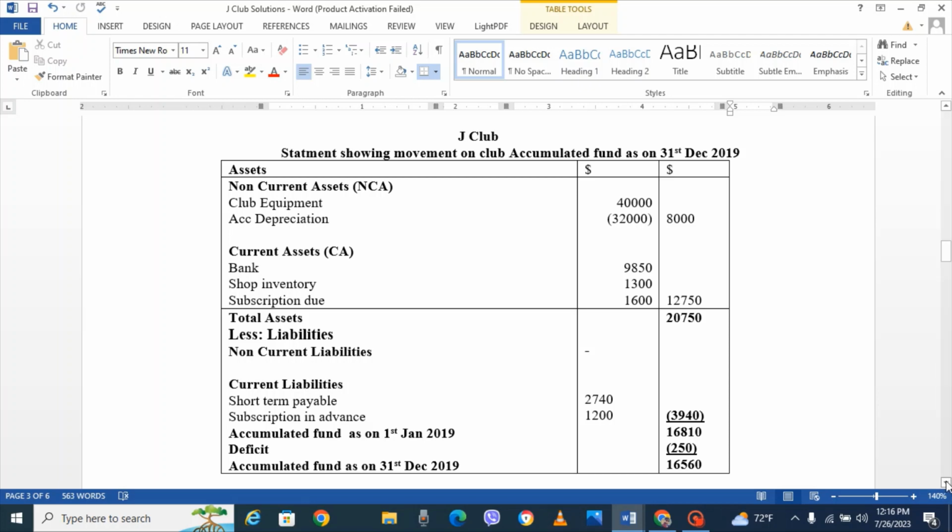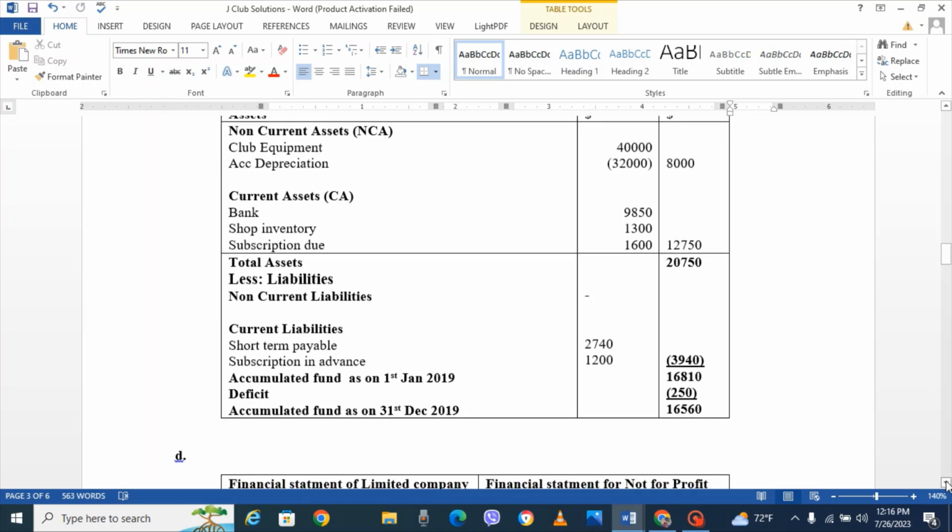So now for calculation of accumulated fund, we should deduct the liabilities from this total assets value. So as for liability, we have two headings here. One is non-current liability, and in this question I don't see any non-current liability over here, so you can just leave it blank.